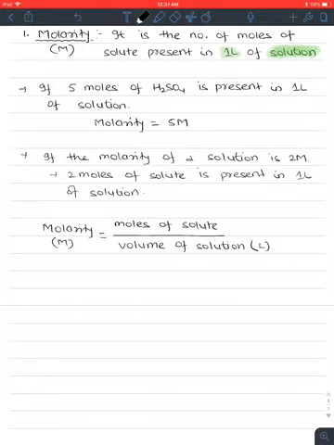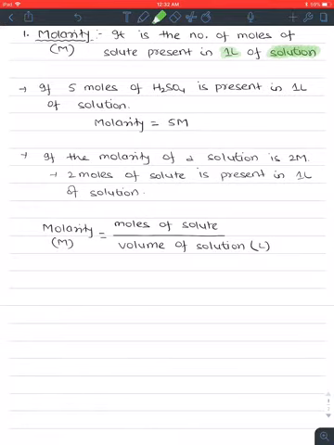With the help of this formula, if any two quantities are known, we can find the third quantity. If molarity and volume of solution are known, we can find moles of solute. If moles of solute and volume of solution are known, we can find molarity. And if moles and molarity are known, we can find the volume of the solution.